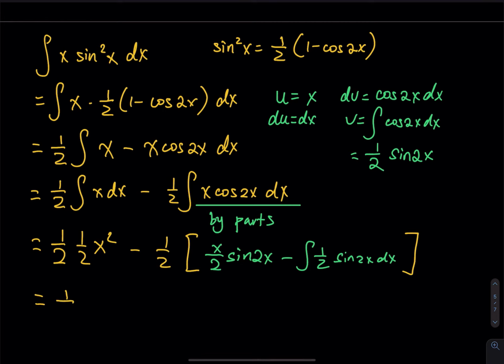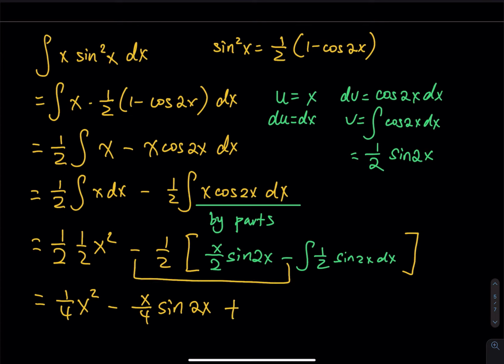So that is 1 over 4 x squared minus x over 4 sine of 2x, and then minus, we have a plus, plus 1 over 4 times the integral of sine of 2x, which is negative cosine, right?